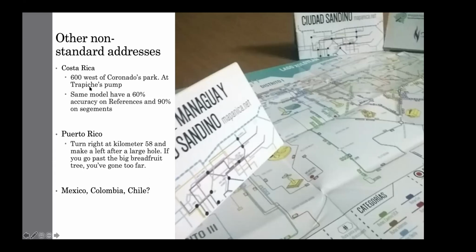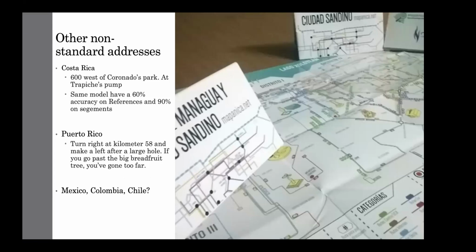As you can see in the example here, to me, it's very similar to ours. And actually, the same model that we developed for getting the entities right now, without any further training, can recognize up to 60% of references and 90% of segments.